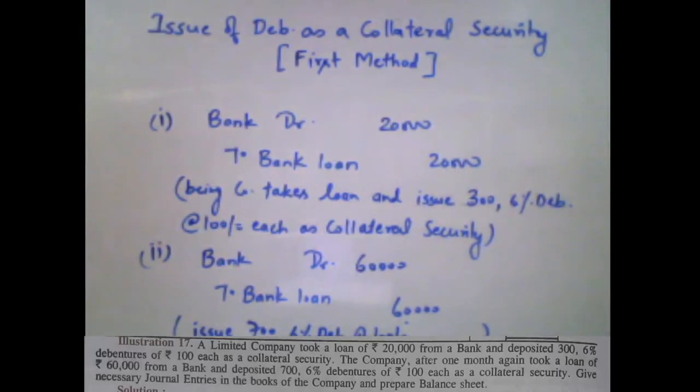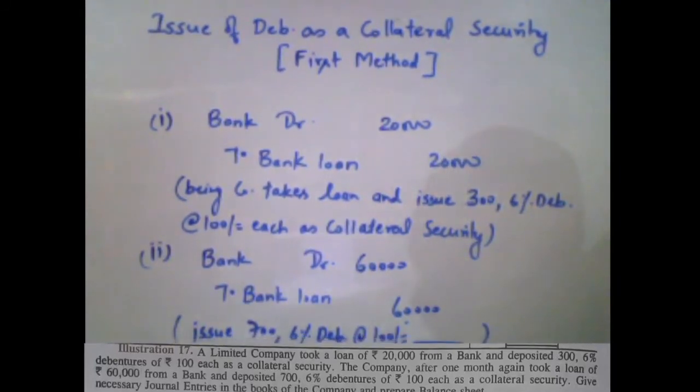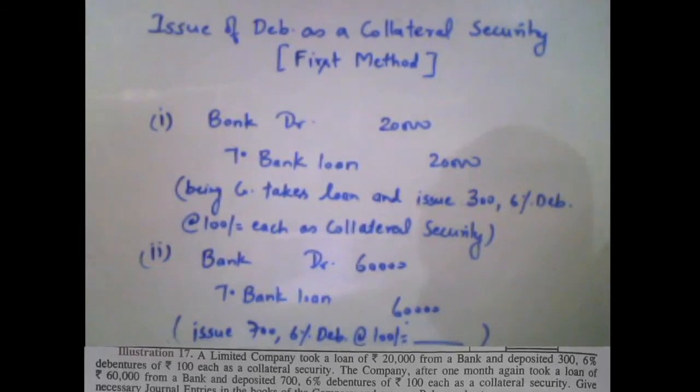So you can see the two entries which are passed at the time of issue of debenture as a collateral security by the help of the first method.